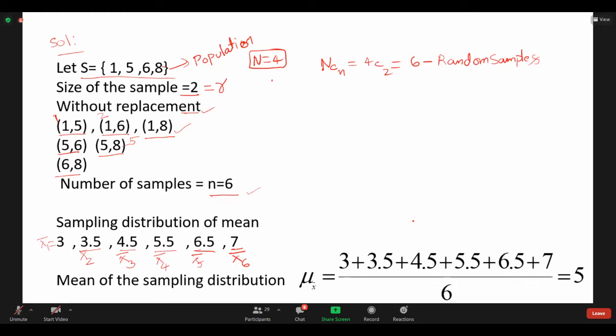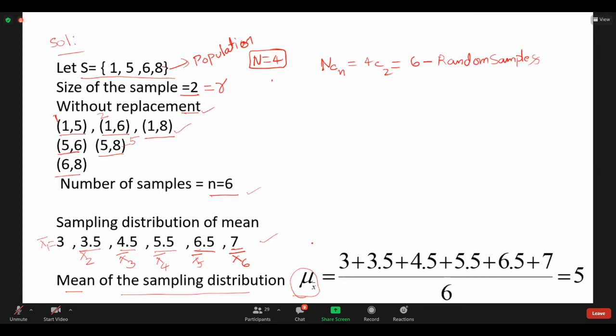6 means are there. Now, what is the question here? We have to find the mean of the sampling distribution of means. For that, the notation is mu suffix x bar. We know the 6 random sample means. For these values, again we have to find the mean.